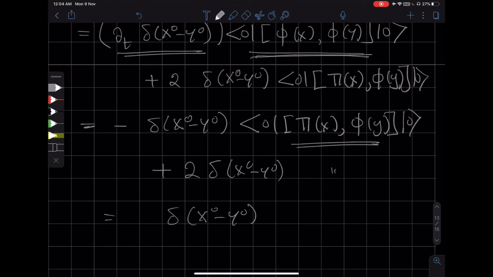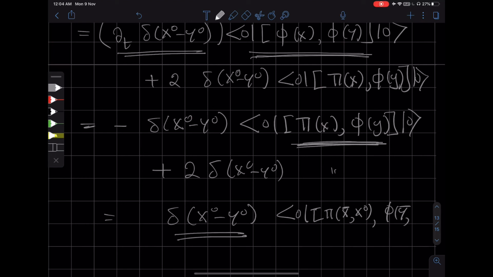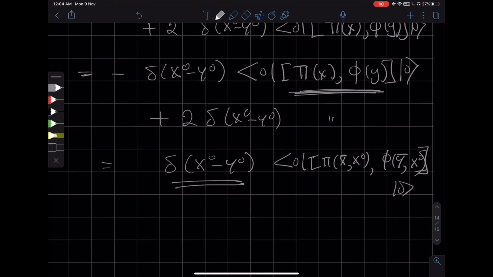But you see that because of the presence of this delta function, any contribution from this commutation relationship which is not at equal time will vanish. So we can write this as the commutator of pi of x, three-dimensional x at time x0, and phi of y, three-dimensional y at time x0, and the vacuum expectation value.